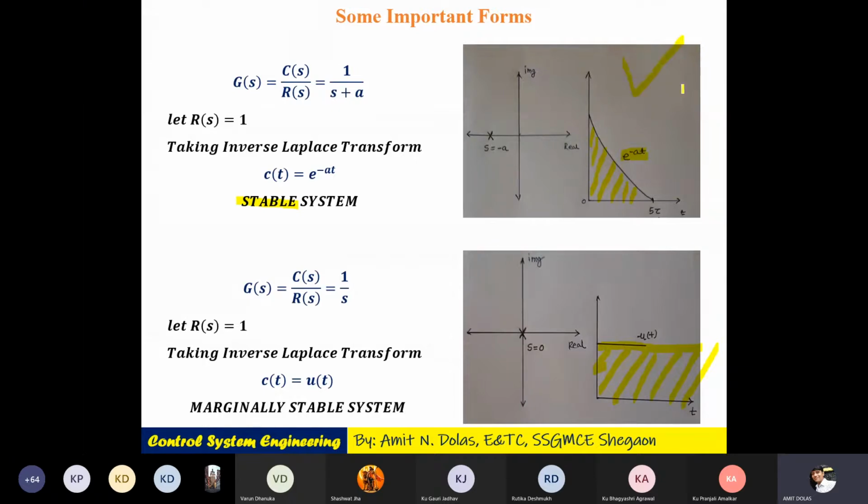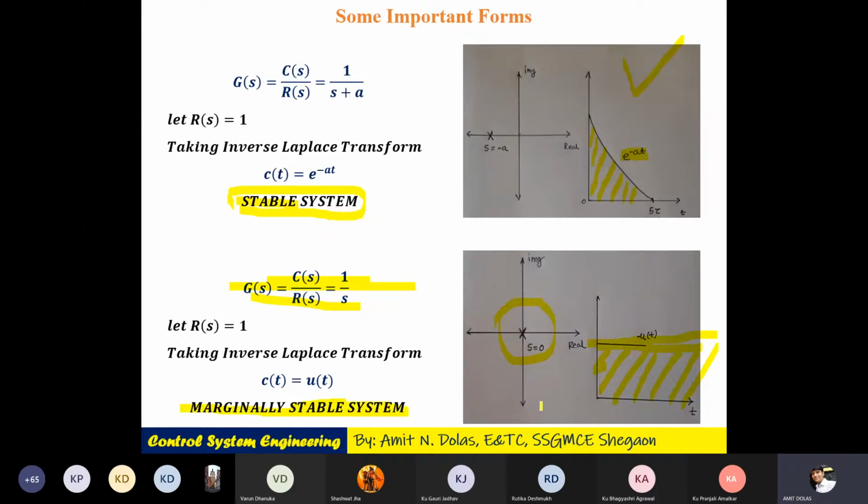The first one has a bounded output and absolute integration. That's why it is a stable system. But for the other system below, the 1 by s one, the output is bounded, but it is not absolutely integrable. And such a system is called stable, but it is a marginally or critically stable system. I hope you understood the concept.